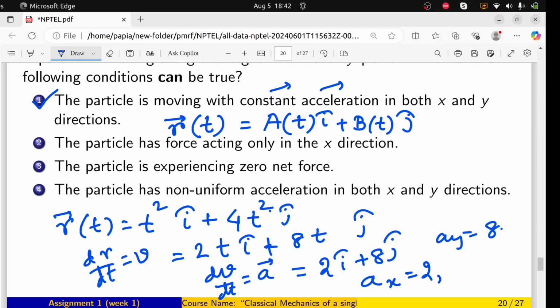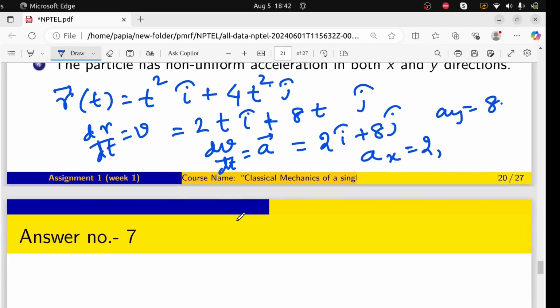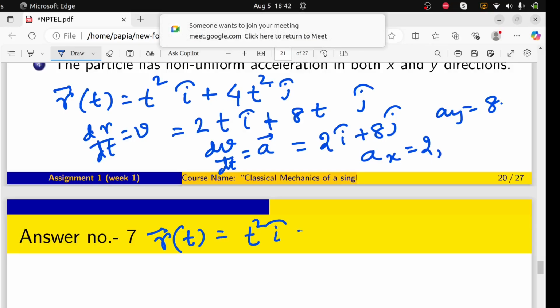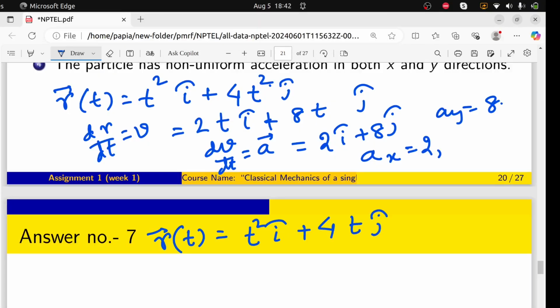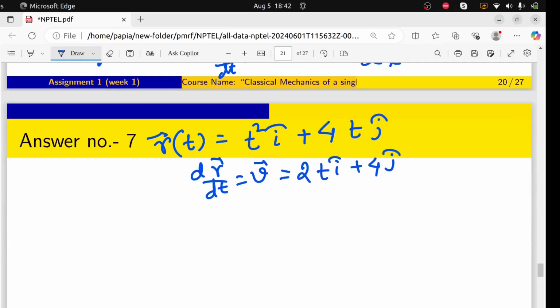Whether it is correct or not, I can take another example of r of t. It can be written as t square I cap plus 4t j cap. I'm just taking an example of that. So dr dt, which is v, will be 2t I cap plus 4 j cap. Now our force is what?